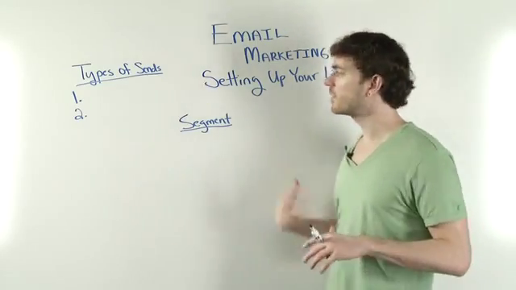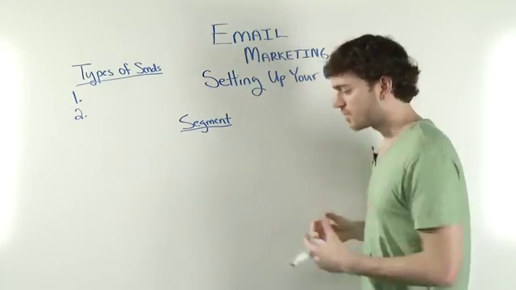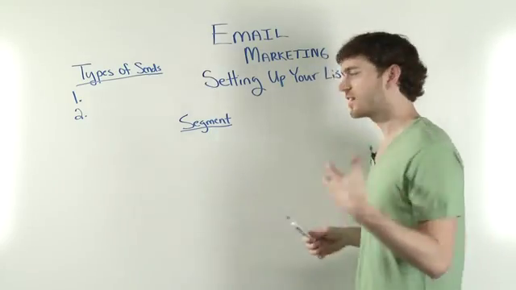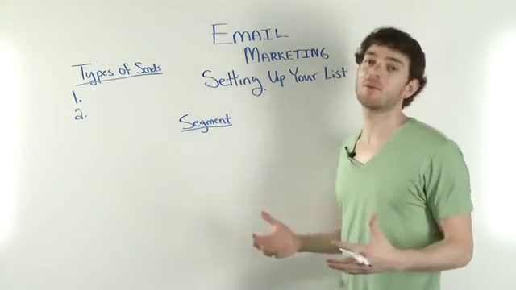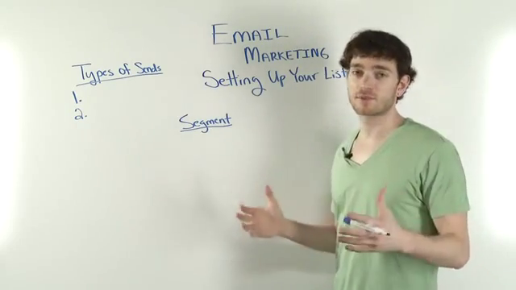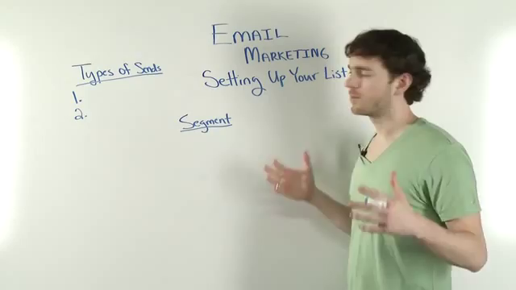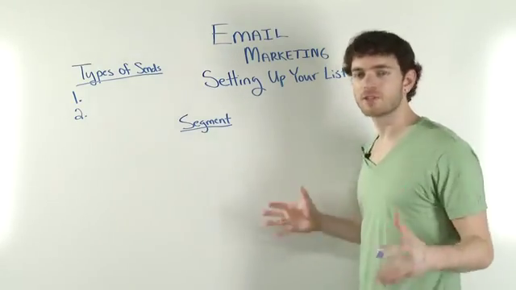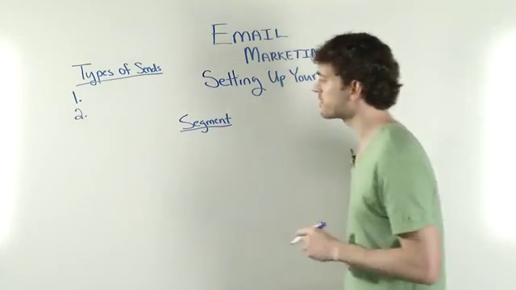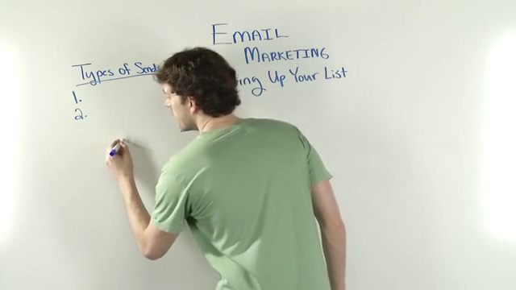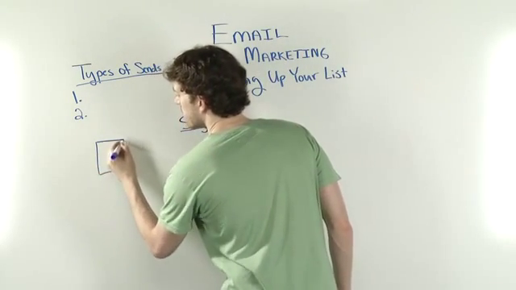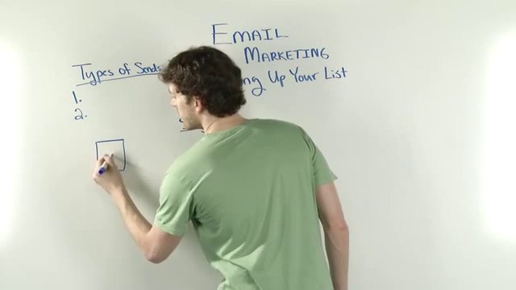So by this point, you understand the opt-in page process, you understand email marketing, but you've got to set up your email marketing list, right? Now, here's what that means. You may have multiple landing pages or opt-in pages out there. For instance, you could have this page right here, and this is about diet.